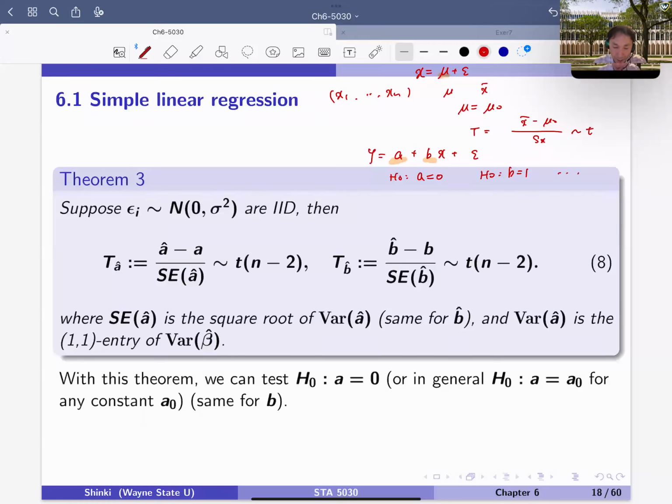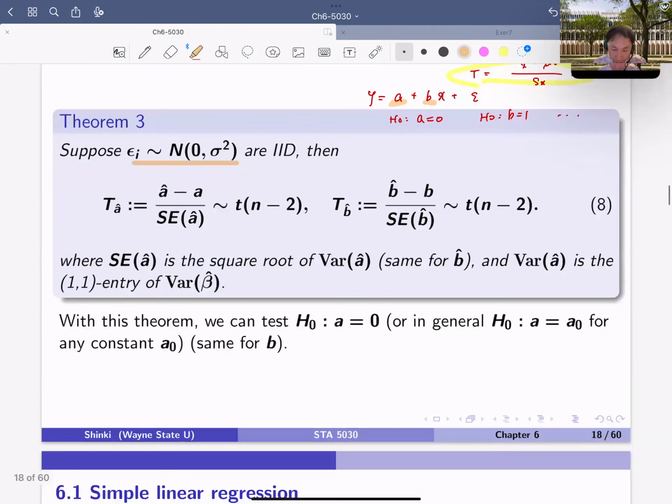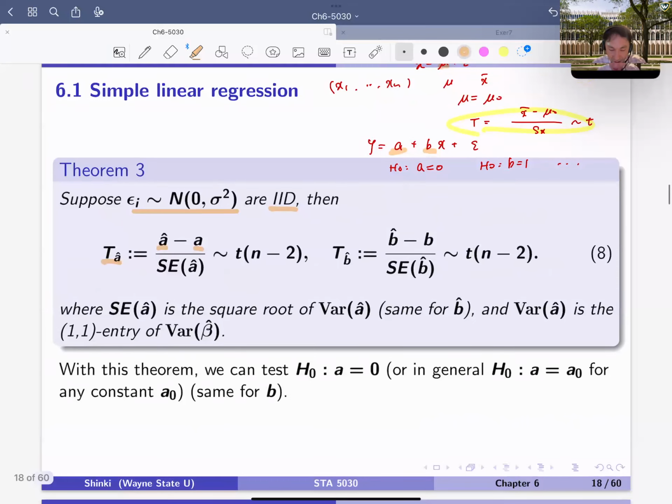And we want to construct some relationship similar to chapter 5. If epsilon follows normal with mean 0 and variance sigma square, and is IID, which is a necessary assumption, then consider this quantity, a hat minus a. This is similar to chapter 5: x bar minus mu naught, where x bar is an estimate for mu naught.